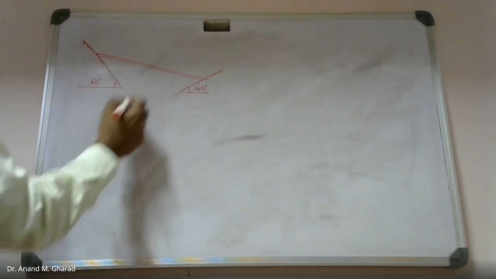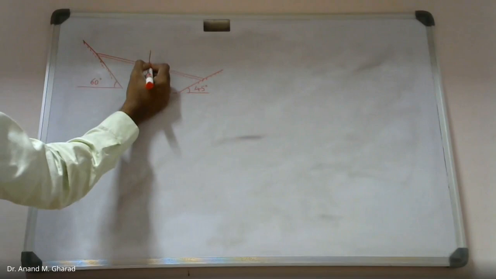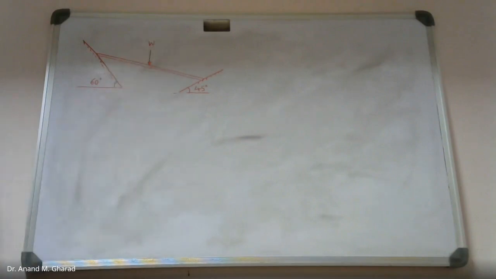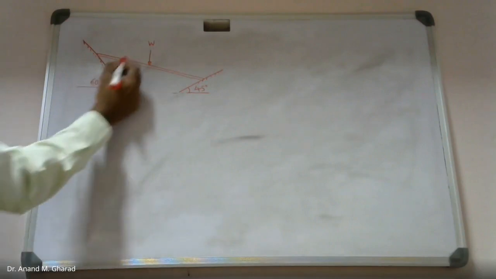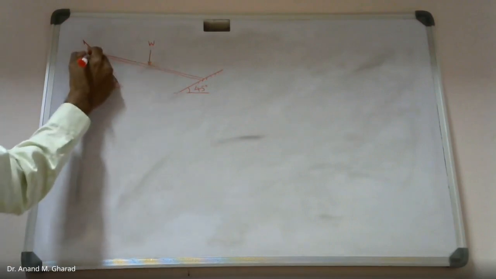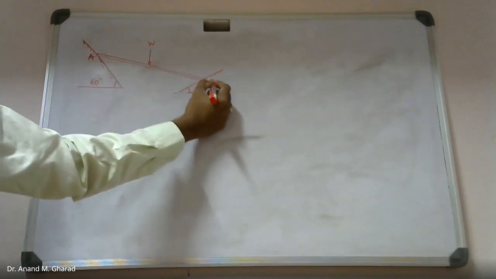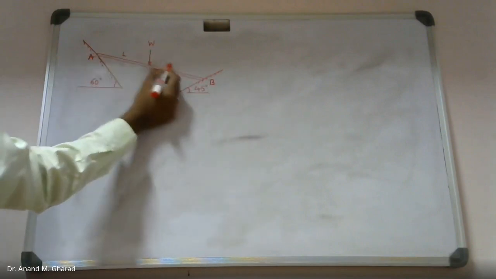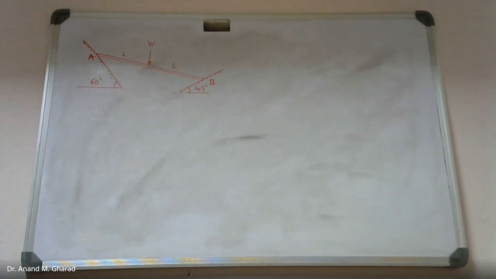Now what is given? The weight of this wooden plank is given to be capital W. And the total length, let's say this is point A and point B, so AB length is 2 times L. That means this will be L and this will be L. What you are supposed to find?